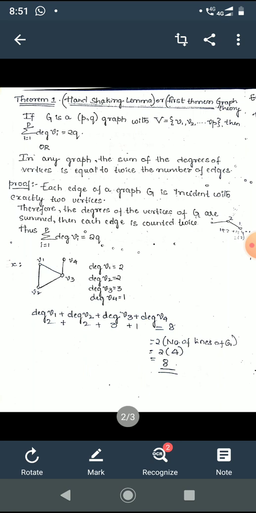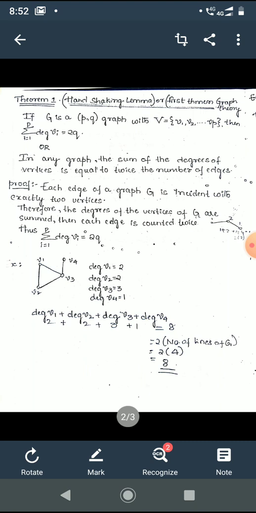In this graph, observe here, 2 edges are incident with V1, 2 edges are incident with V2, 3 edges are incident with V3, 1 edge is incident with V4. Each edge connects two vertices, which means it is counted twice, from V1 to V2 and V2 to V1.